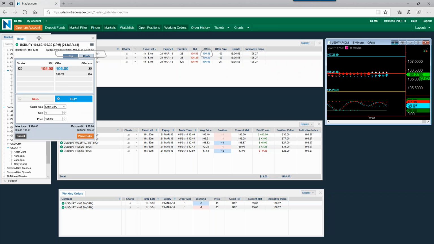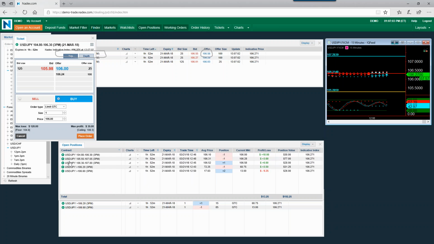So I want to set a target on here, and to set the target, I know that my floor is at 105.55. So I'm going to come $10 above that, or 10 cents above that, which would be, wait a minute, this is the one I'm looking at, it's 104.80. So I'm going to set a target at 104.90, okay? Does everybody understand this one?